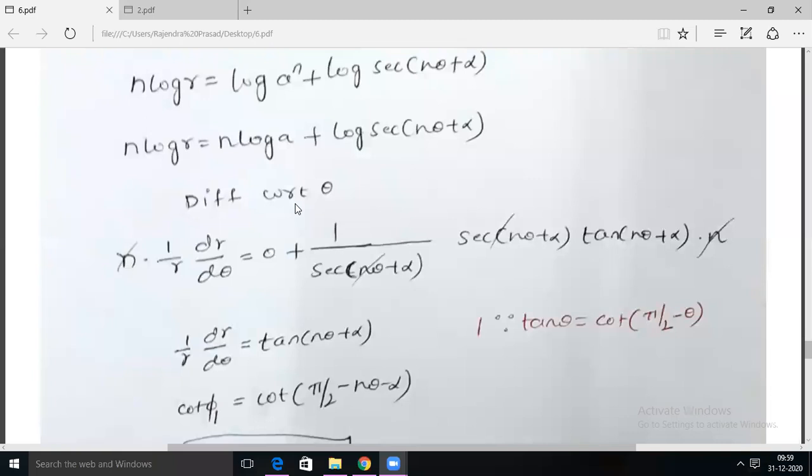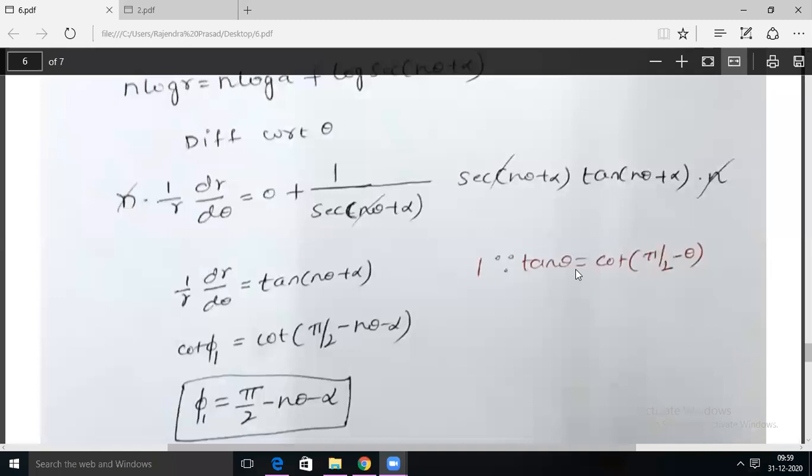The derivative of nθ is n, and alpha is a constant, so its differentiation is 0. So we get n itself. The n on the LHS and RHS get cancelled, and sec(nθ + α) also gets cancelled. So (1/r) dr/dθ on the LHS, and remaining on the RHS is tan(nθ + α).